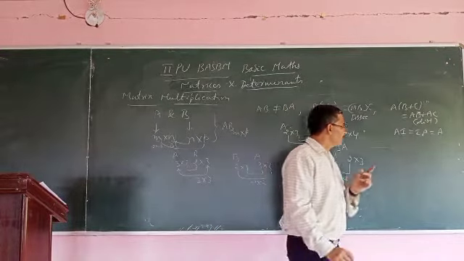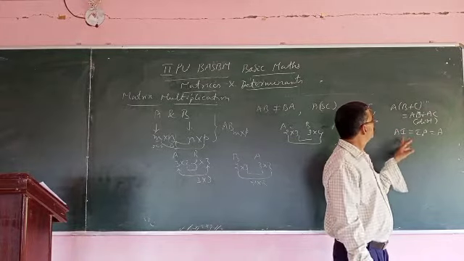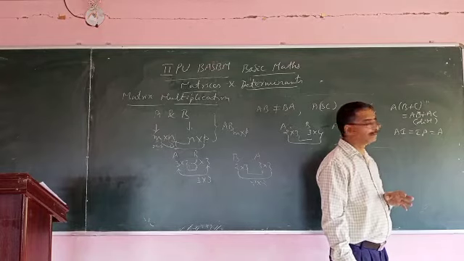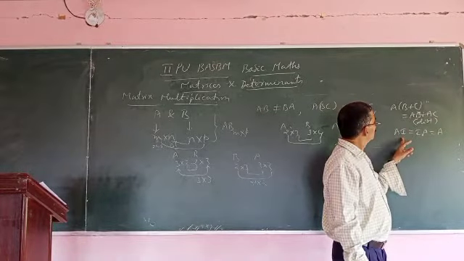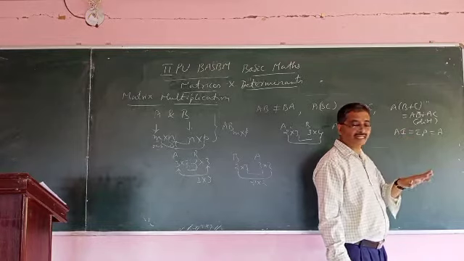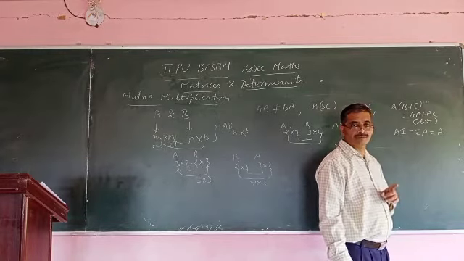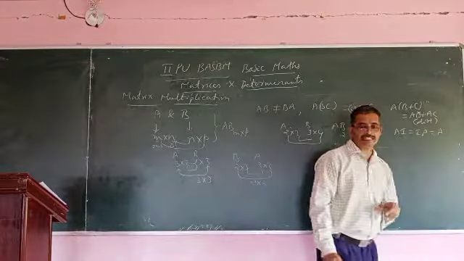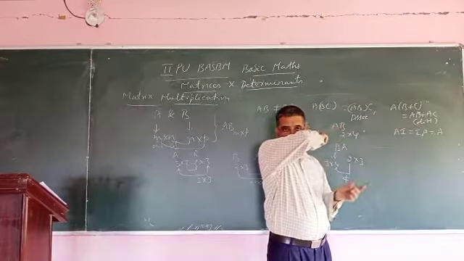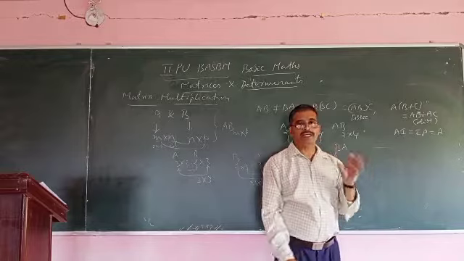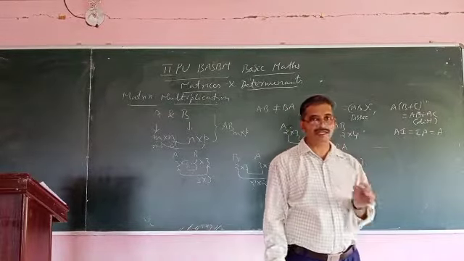So if you multiply any matrix by the identity matrix of the required order, if it is multiplicable, if it is defined, A into I equals I into A equals A, where I is called the identity matrix under multiplication.